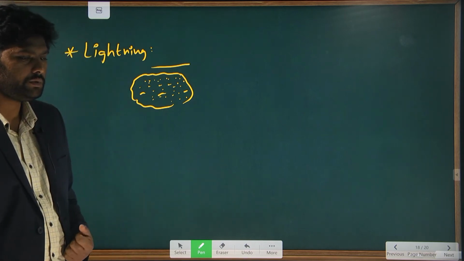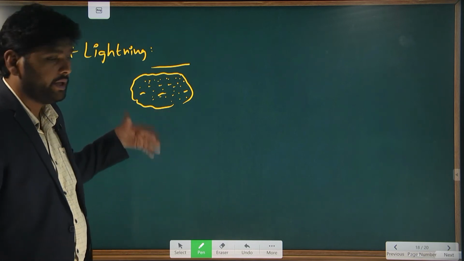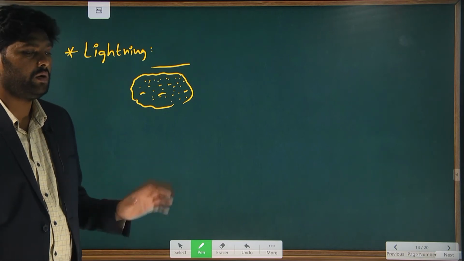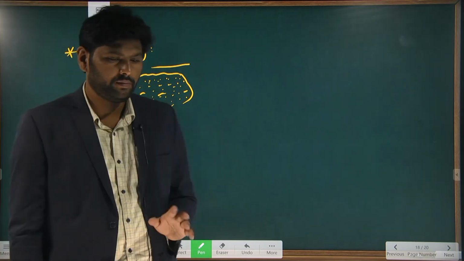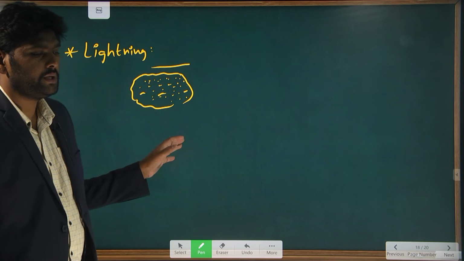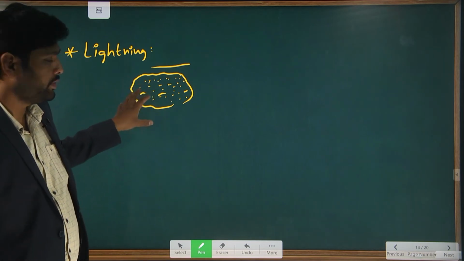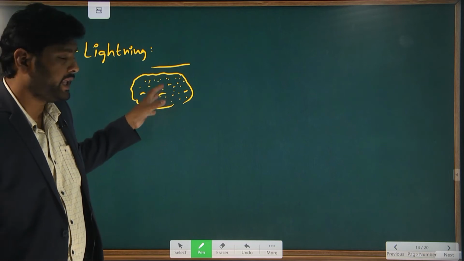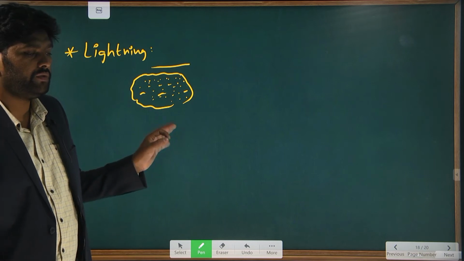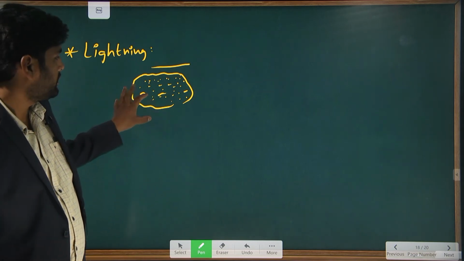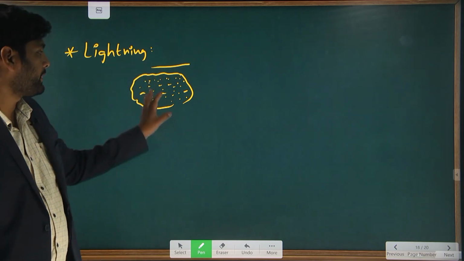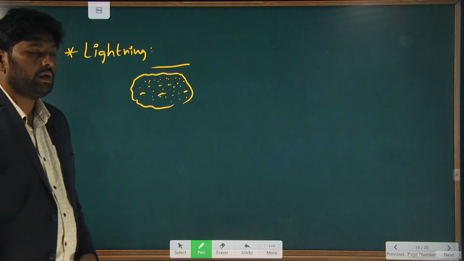Understand? And why are charges present in the cloud? The charges are present in the cloud because of the drag force, because of the wind flow, the wind resistance. The wind resistance applies some force so that friction takes place between the clouds and the wind. Due to the friction, some charges are lost or gained by the cloud, so that the cloud gets charged.